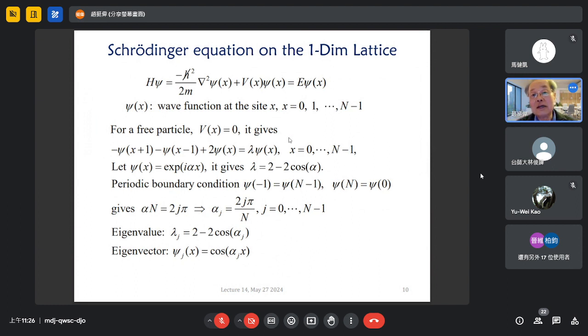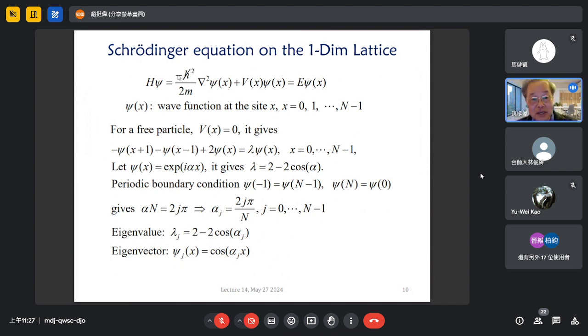This gives you the solution, even though it is on a finite lattice. But you can always make it bigger, and also take the continuum limit, and then you get a solution that very well approximates the physical solution in the continuum.